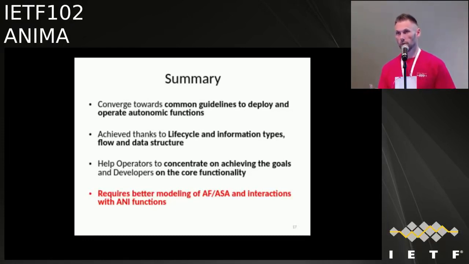The idea is to help the operator concentrate on achieving the goals of the autonomic functions, and not on all the mechanics of deploying and operating them. It is also aligned with the work of Brian on ASA guidelines, on how to design and specify the ASAs themselves. So we need the life cycle, but also the interfaces and the descriptors for the autonomic function, or ASA, to be better specified.